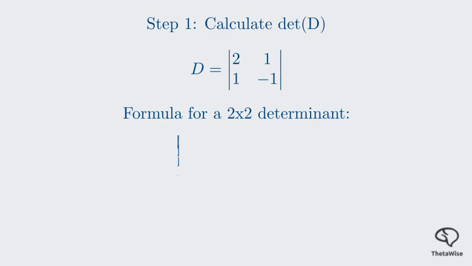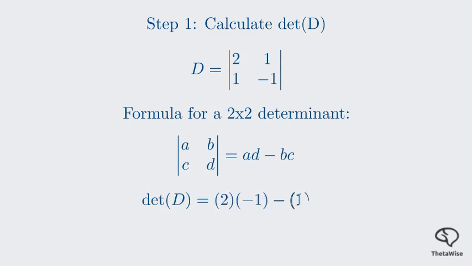That is, AD minus BC. Applying this to our matrix D, we have 2 times -1 minus 1 times 1. This gives us -2 minus 1, which equals -3. So the determinant D is -3.